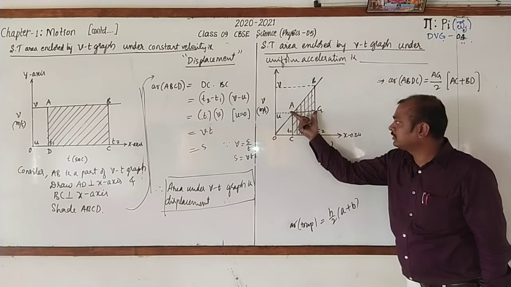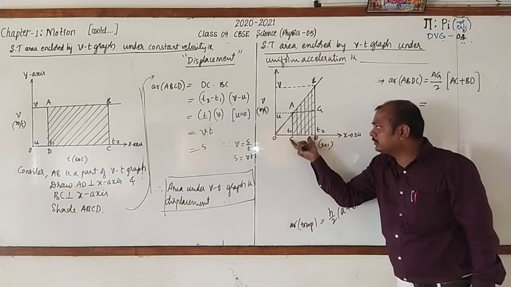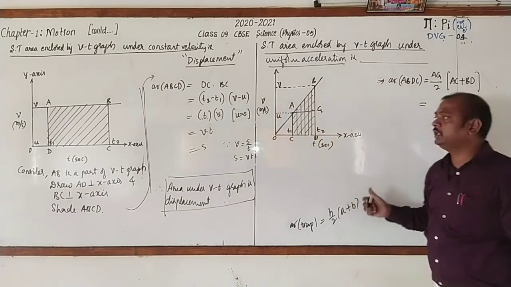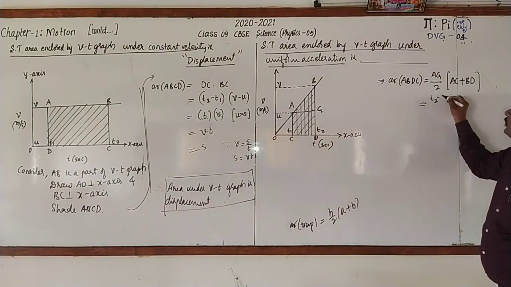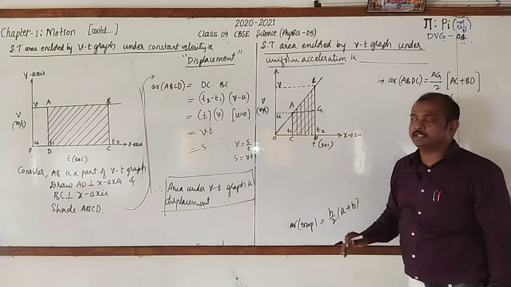AG is nothing but CD. CD, from C to D, is T2 minus T1. Here I will write T2 minus T1 by 2 into, what is AC?